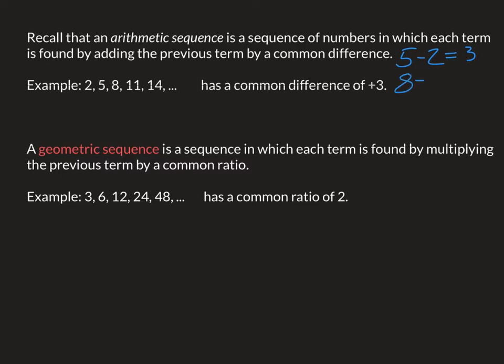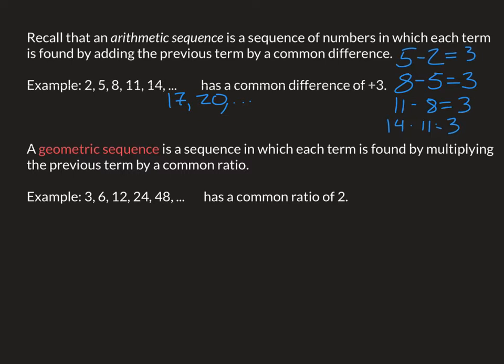If I do 8 minus the term before it, 5, the result is 3. 11 minus 8 is 3. 14 minus 11 is 3. So I would know to get the next term by adding 3 to the previous term. So 14 plus 3 more gets me 17. 17 plus 3 more is 20, and so on after that.